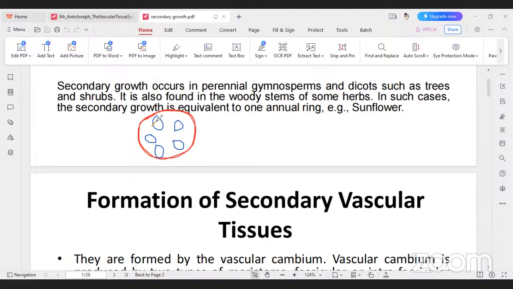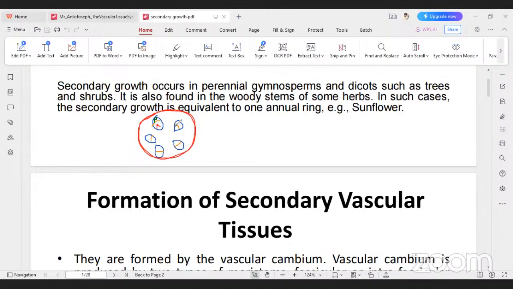First, let me draw the cambium in yellow color line. Cambium. And after that, on the inner side, xylem. On the outer side, phloem. So this is the primary structure, only cambium present.